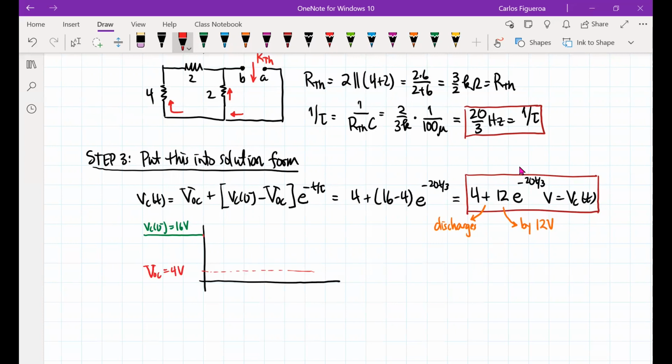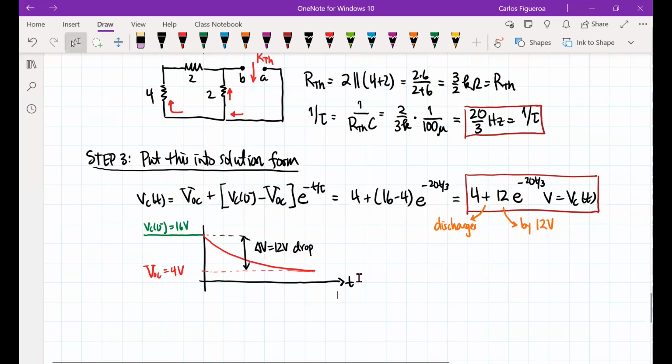So it's going to decay all the way like that. If I measure the difference between here and here, you can see that there's a 12 volt drop. So picture-wise, that's what that equation is showing us.